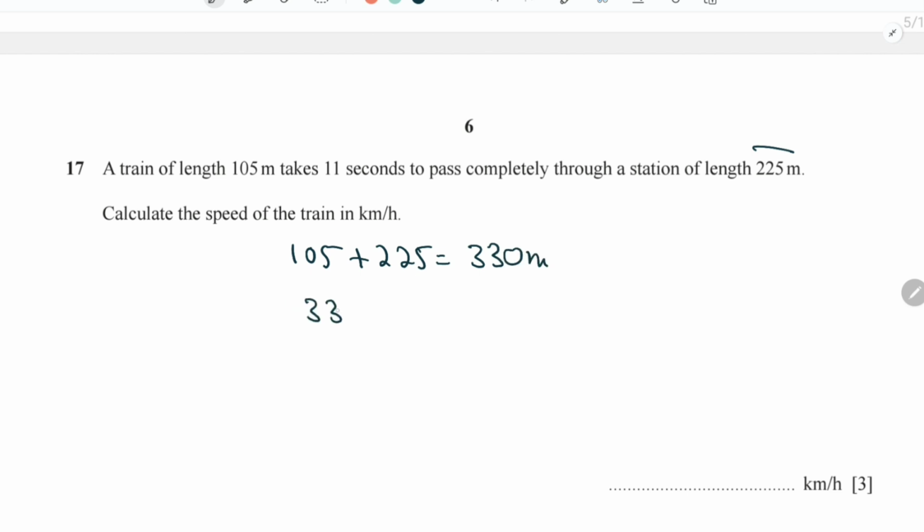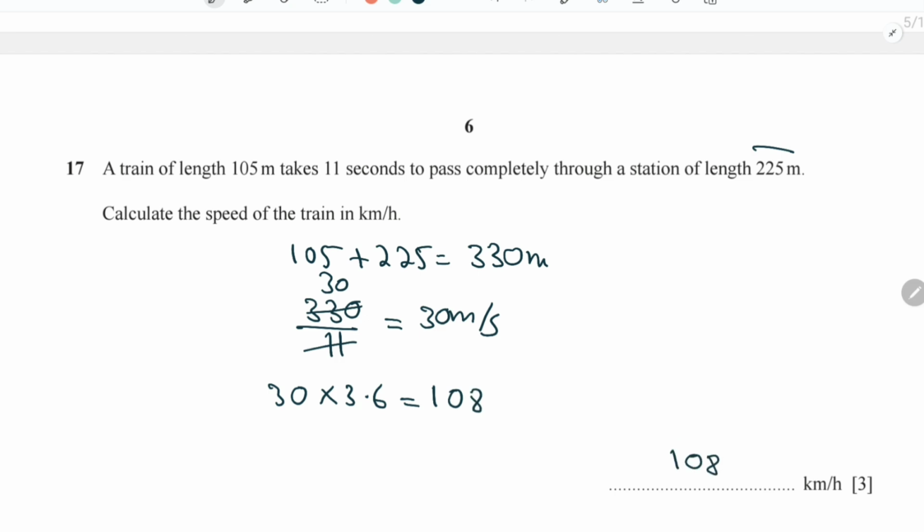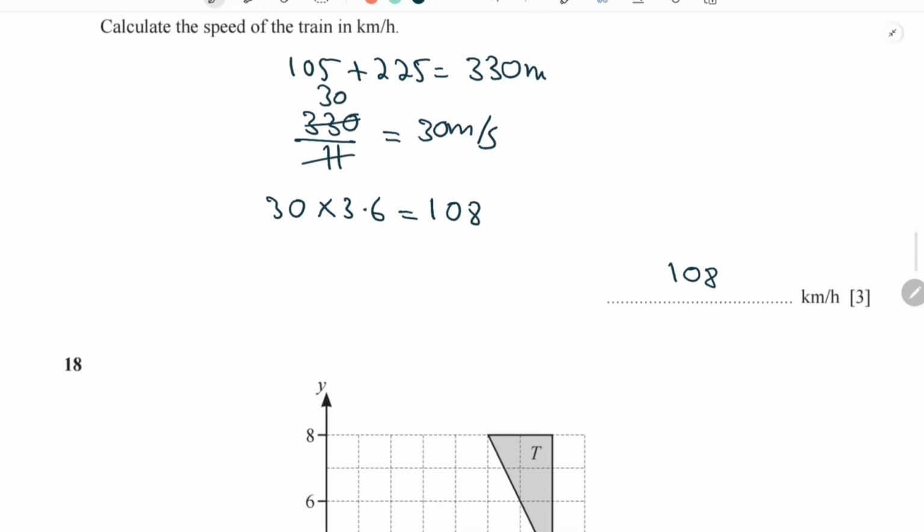So 330 meters takes 11 seconds, right? So 330 divided by 11, it becomes 30 meters per second, right? Now we convert meters per second into kilometers per hour. So 30 times 3.6, we multiply them together, so we get 108 kilometers per hour, right?